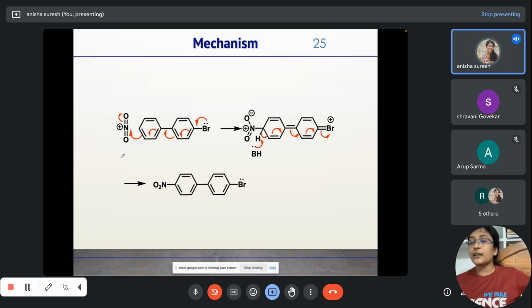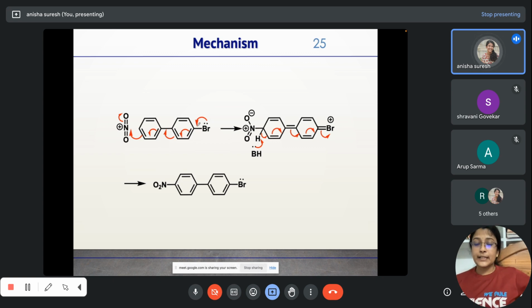As we have seen last week, the major key intermediate will be this nitronium ion. You can see last week's lectures for seeing how this ion is generated. So the lone pair of electrons on this bromine can delocalize in this fashion.